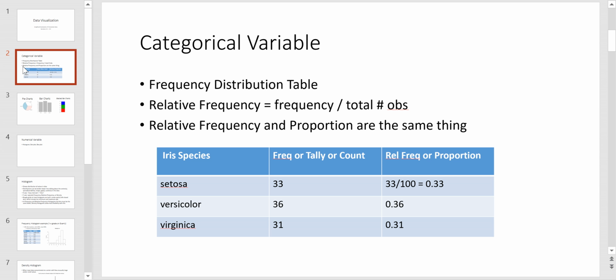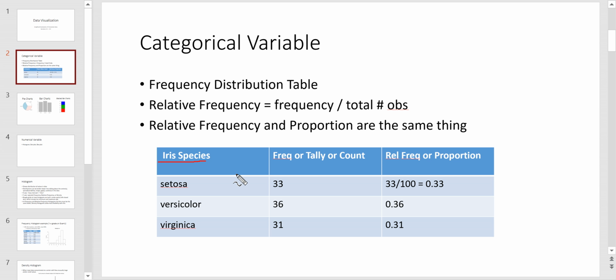We're going to list out all the levels of our categorical variable and then literally count or tally up how many observations are at each level. Okay, so for example, I had a little data set where n was 100 and it pertained to iris species.